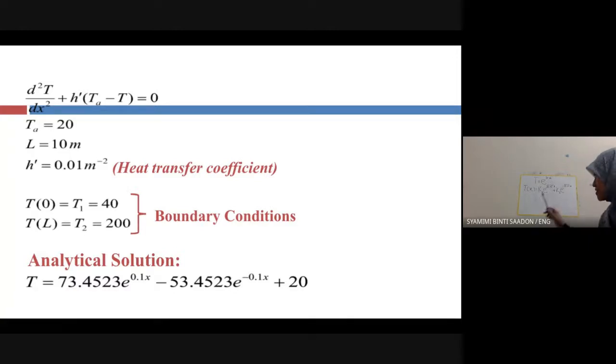So you have a solution like this, and you have to find K1 and K2.